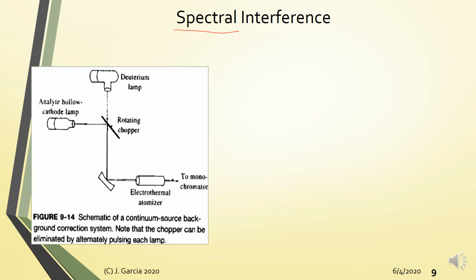Now, what you have to remember for spectral interference is this: the total absorbance, AT, detected or quantified by your AAS system actually comes from two sources.